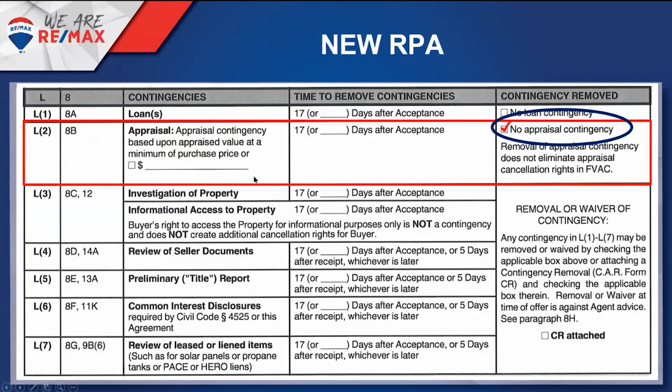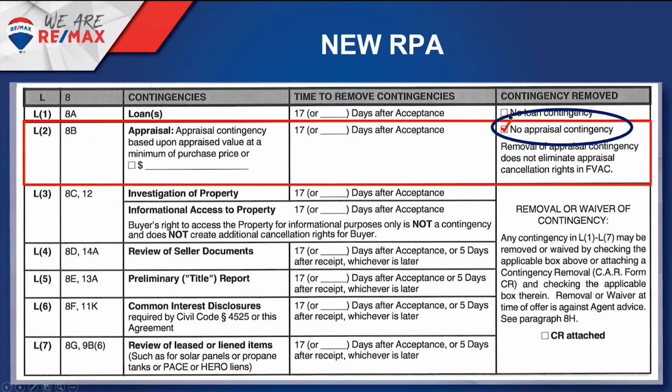Coincidentally, the only 2 contingencies that can be removed without a contingency removal form are the loan contingency and the appraisal contingency. All other contingencies here in 3L require a removal of the contingency using a C.A.R. form.